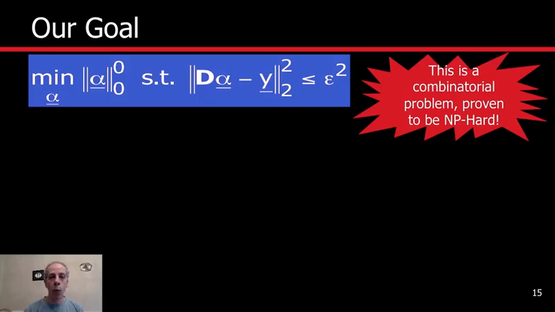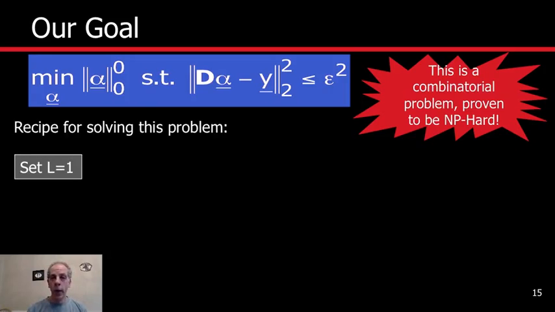This is actually what's called a combinatorial problem, and it's NP hard. You cannot solve this problem as I just posed it in realistic time. Let's explain why. We're going to do the following, which is the only way to solve exactly this problem.